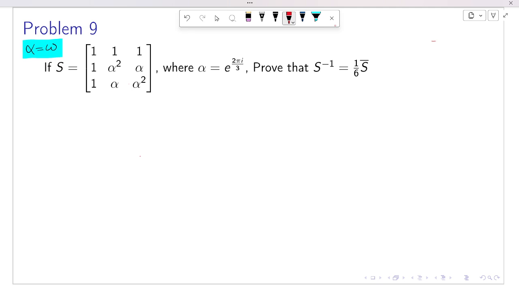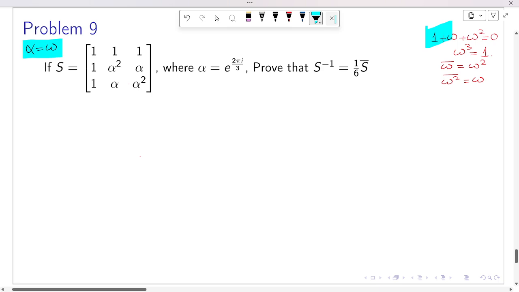First one is 1 plus omega plus omega square is equal to 0. Second is omega cube is equal to 1, and omega conjugate is equal to omega square, and omega square conjugate is equal to omega. So these are the properties of omega which we will need in this problem.